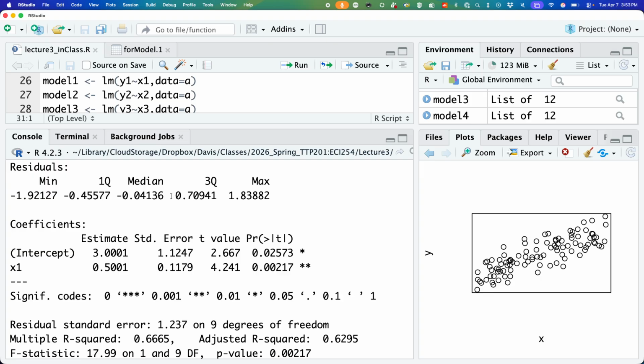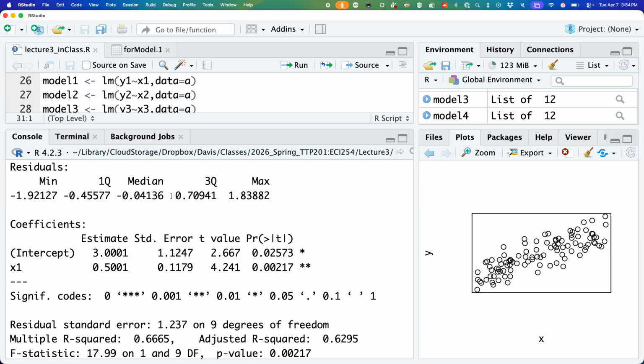What is the last column called again? The Pr. That's the test of significance, right? If you have stars, you're saying it's significant to a certain level. What I would say is the x1 in the last column is way higher than last time. I noticed that it seems to be less certain about the slope.